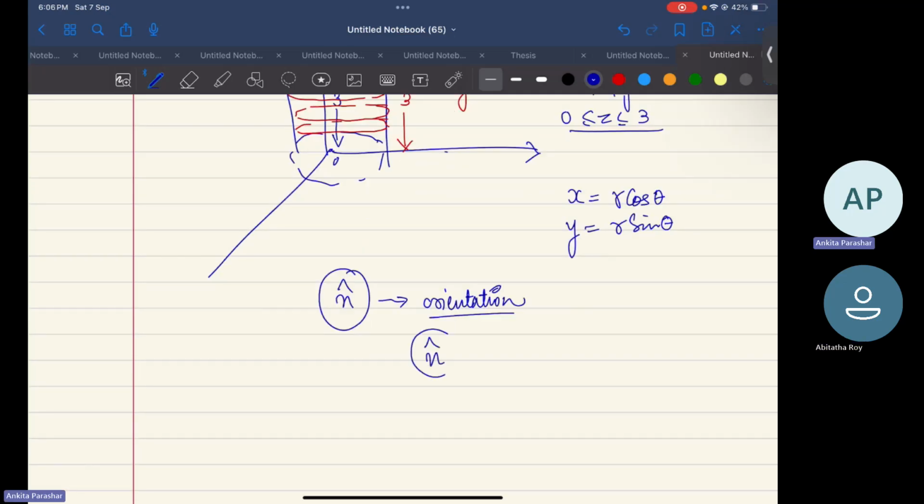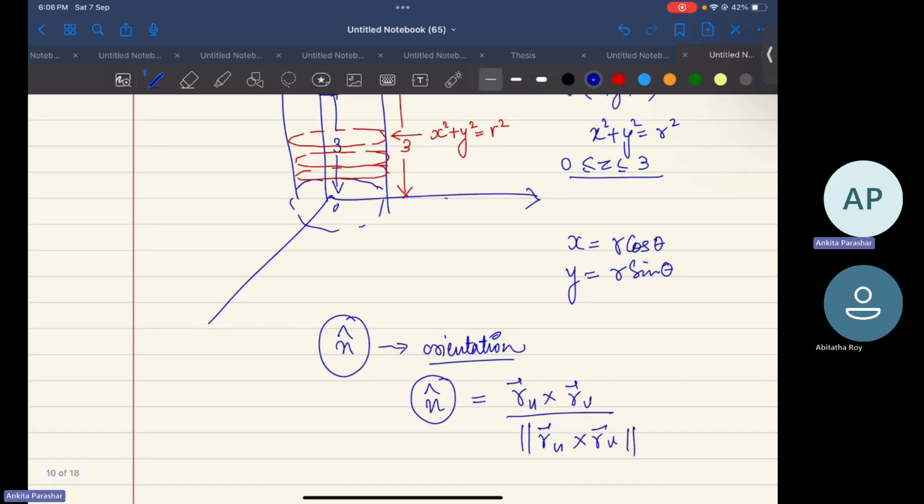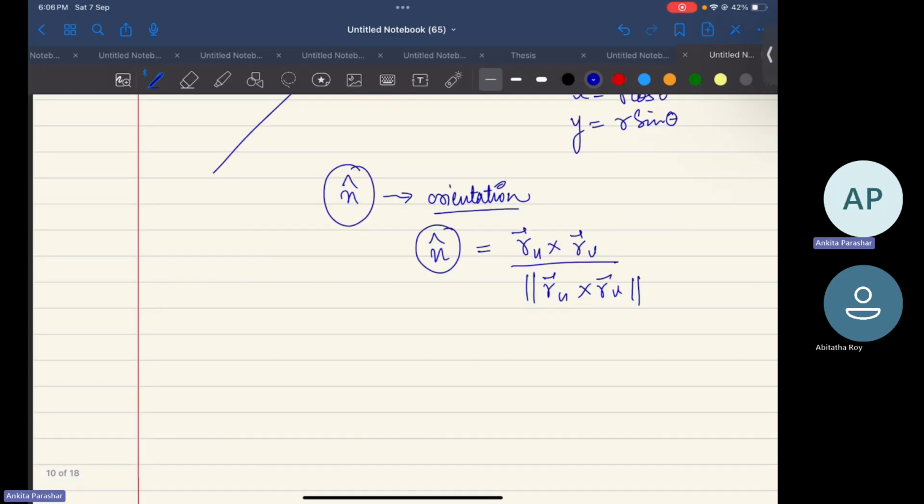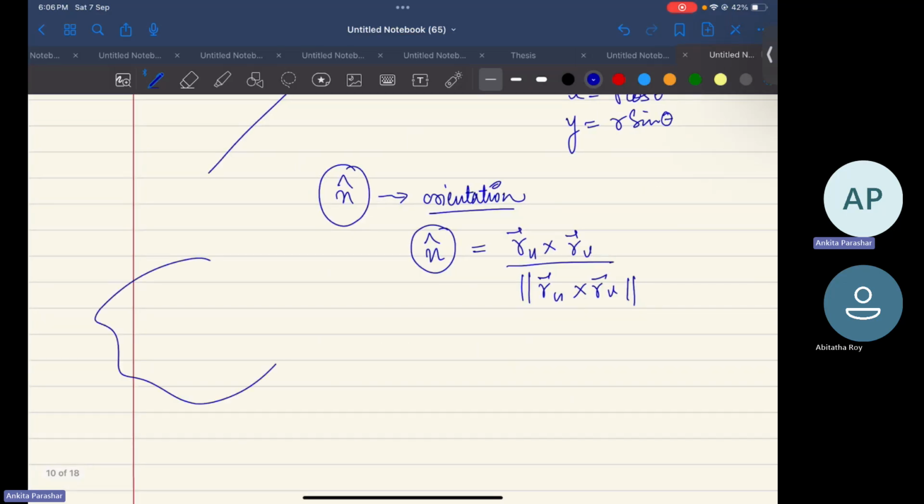So this n cap which we write as ru cross rv, divided by the norm of ru cross rv, is actually in the upward direction. I mean, it will make sure that it is the outward orientation to the cylinder. Outward meaning, if we are giving this kind of orientation, we are outside this surface.